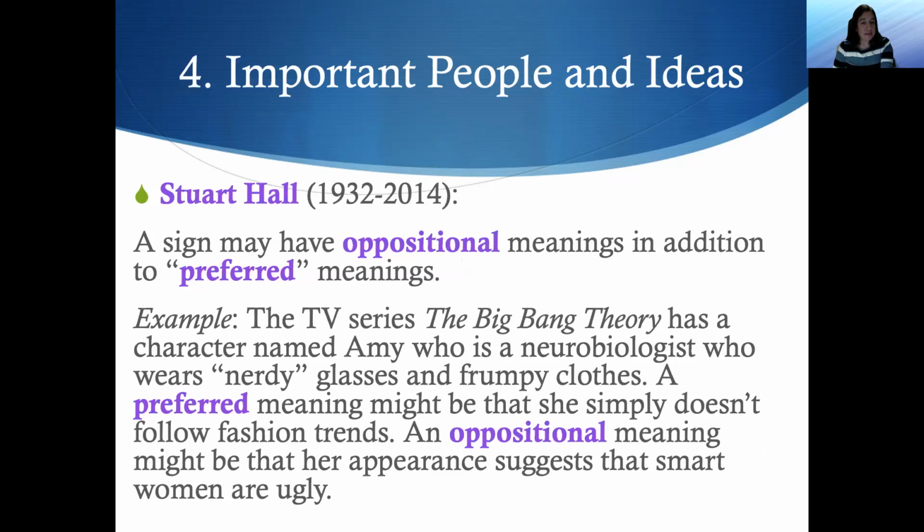She wore nerdy glasses, she wore frumpy, not stylish clothes. A preferred meaning might be that she simply doesn't follow fashion trends, or she doesn't have time to follow fashion trends. An oppositional meaning, the not so popular meaning, might be that her appearance suggests that smart women are ugly.